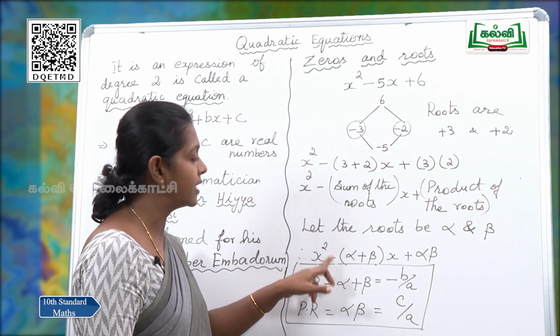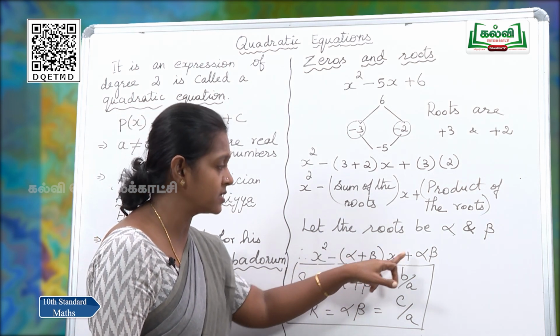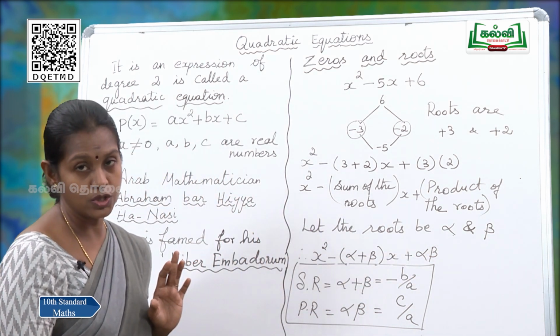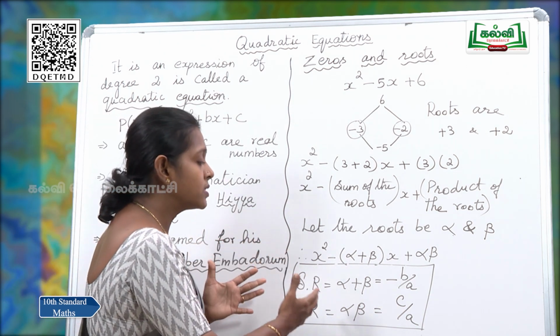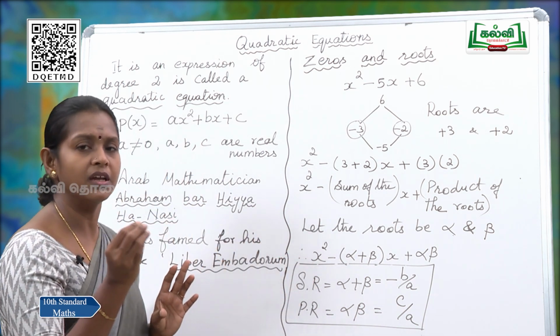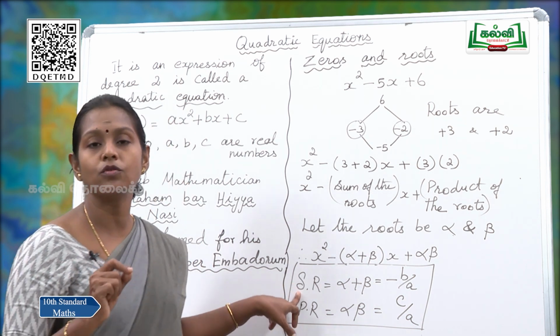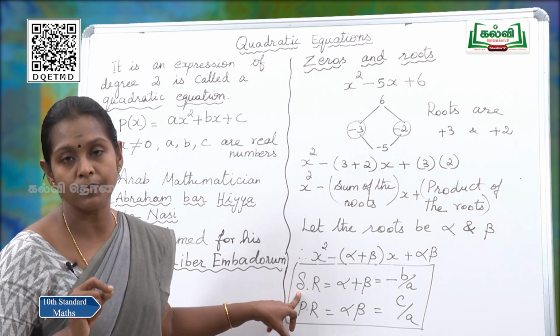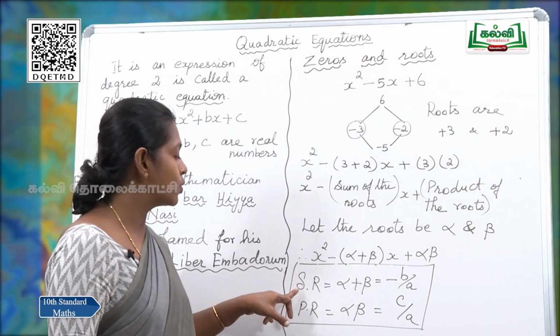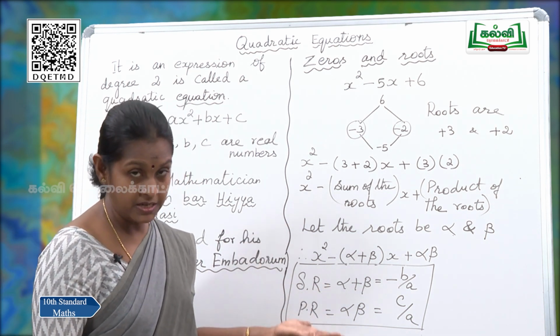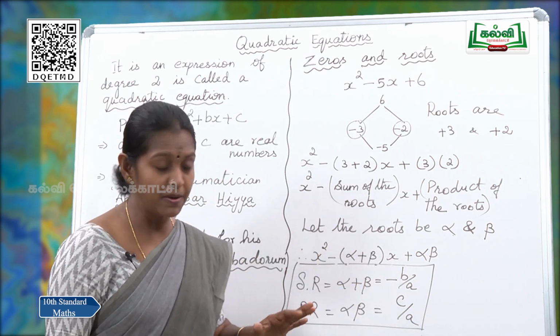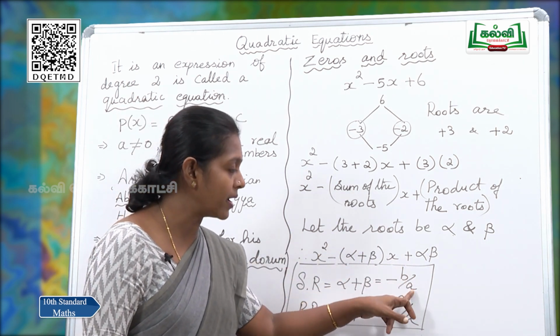That means x squared minus sum of the roots into x plus product of the roots. Even you can use some small formula and find the sum of the roots and product of the roots. Usually sum of the roots is denoted by SR, product of the roots by PR. So sum of the roots, alpha plus beta, is nothing but minus b by a.